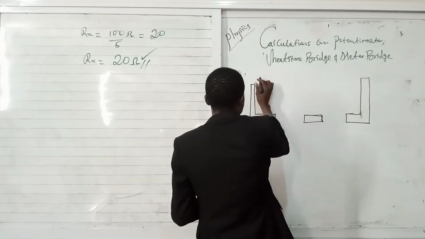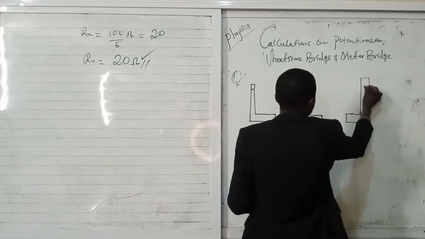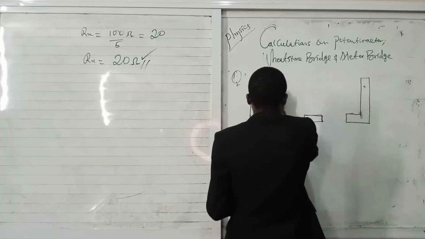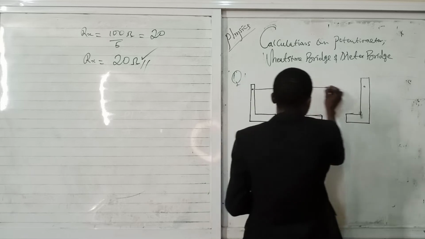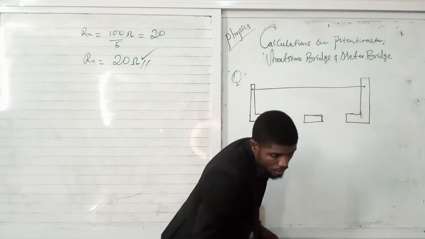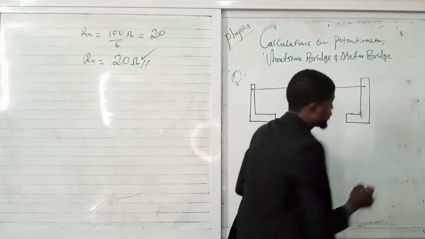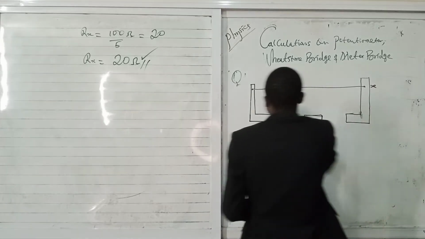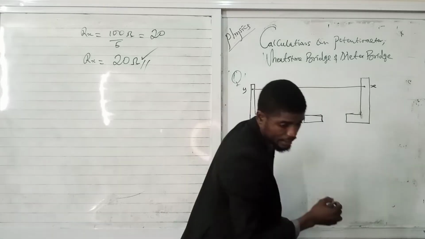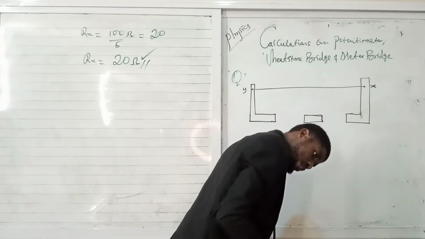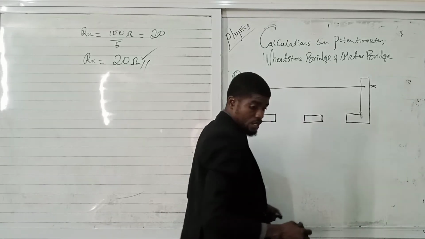Now we have the length of the wire from here to this point. We call this X and this Y, and then L1.